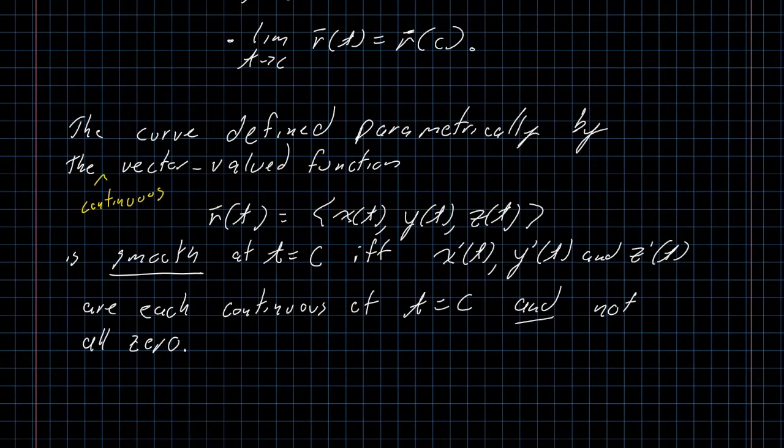So on top of having a continuous vector valued function, we need to have the derivatives of each of the components of the function be continuous, and the derivatives of the components not all zero. Some of them can be zero, but if they are all zero, you end up with weird motion.